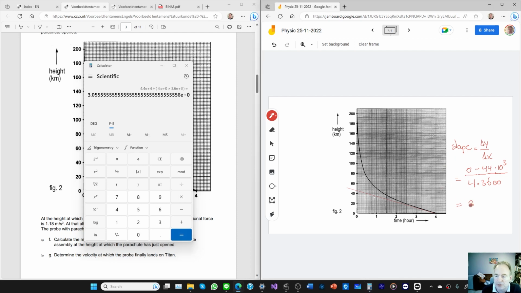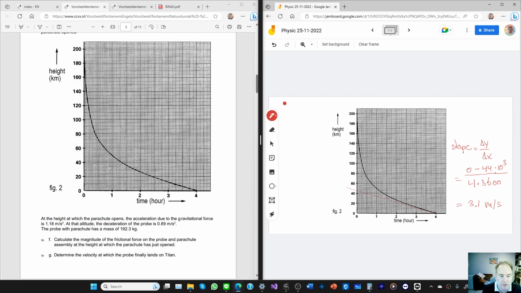So this is 3, and I wouldn't take more than 2 significant digits, actually, times 10 to the power 0. So 3.1 meters per second. Okay, so that is completing question 1 then.